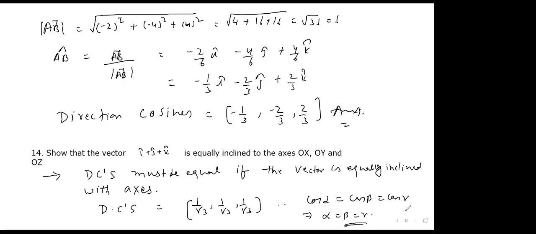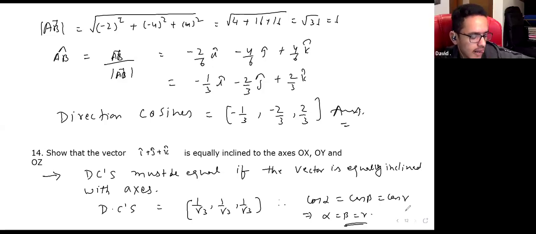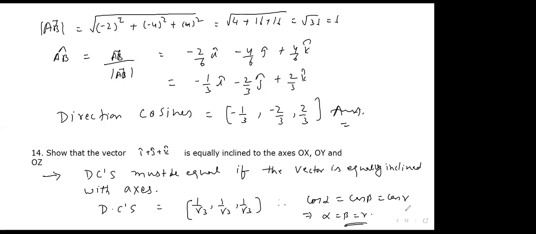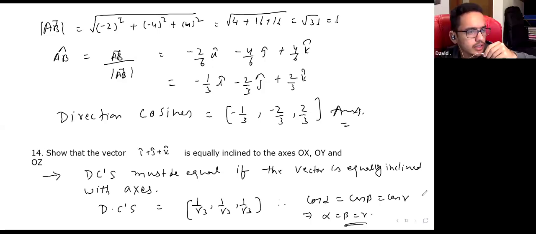Question number 15. Find the position vector of a point R which divides the line joining two points P and Q, whose position vectors are given, in the ratio 2:1 internally and externally. How will we do it externally when it says it divides the line joining the P and Q points?